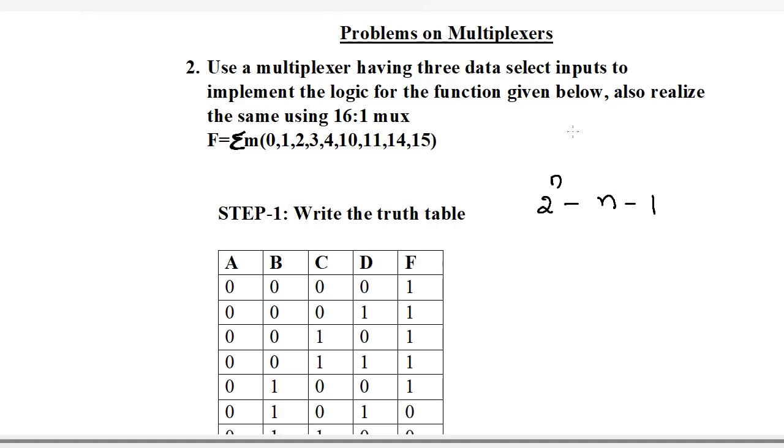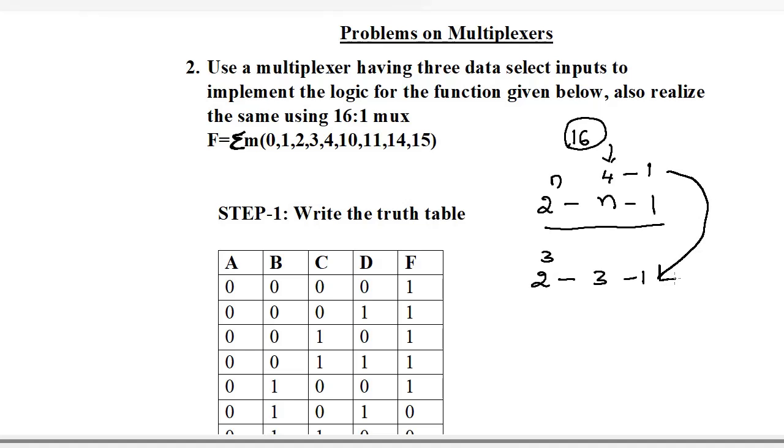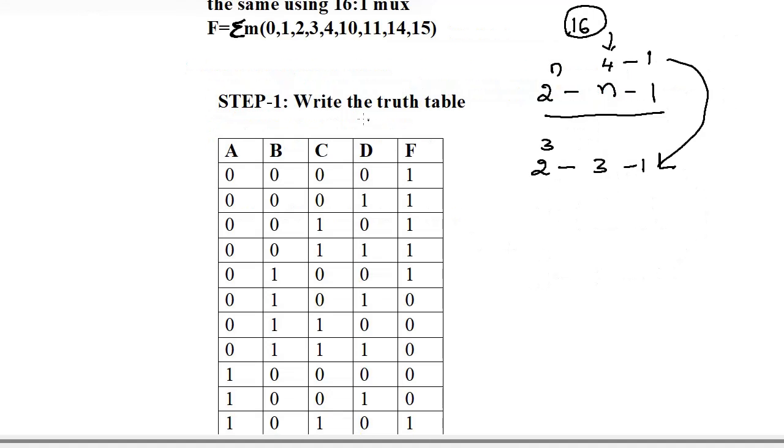The given function has 16 data lines, so 2 power n is 16 and selected inputs are 4, with one output. Here we apply 2 power n with n is 3. For this given 16x1 multiplexer function we have to convert it into a 2 power 3 to 1 multiplexer. Now see here how to convert this function. First I am writing the truth table.